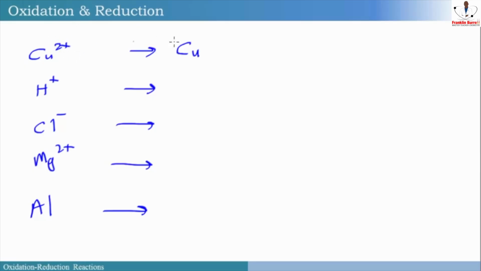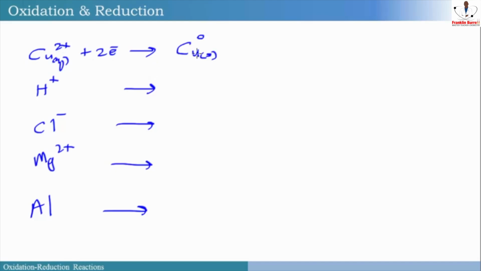So in order to become 0, I must gain 2 electrons. Now my 2 plus will combine with my 2 minus to form 0. So I have mass balance and charge balance. So my copper ion is aqueous and my copper atom is solid.